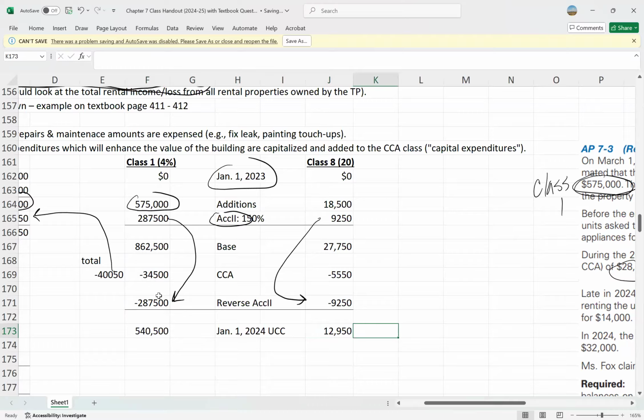If you think about it, this 12,950 for the furniture is basically the 18,500 minus the CCA we took, 5,550. I think that's right. Double check that. Yeah, 12,950. And then for the building, once again, it's basically the 575 minus the CCA 34.5, and that's the 540,500 that we have left.